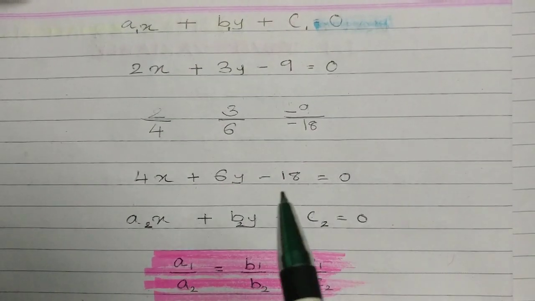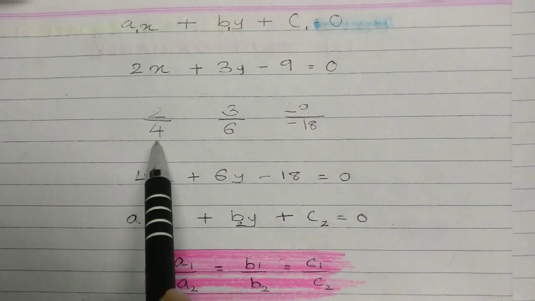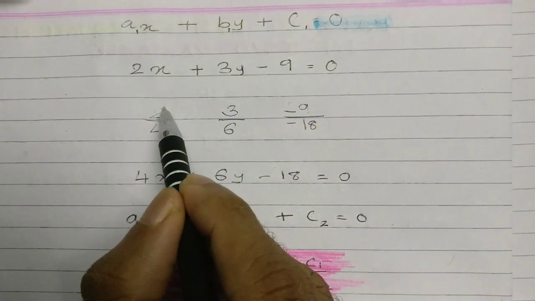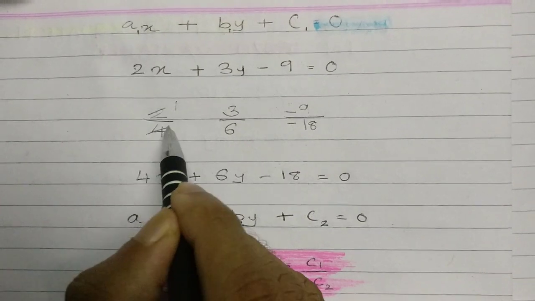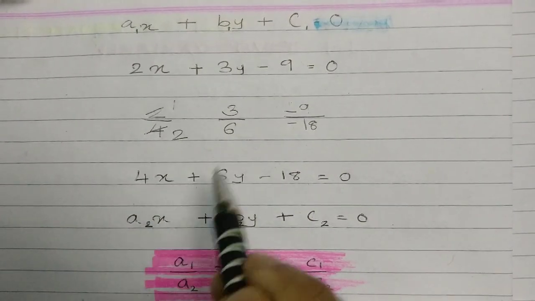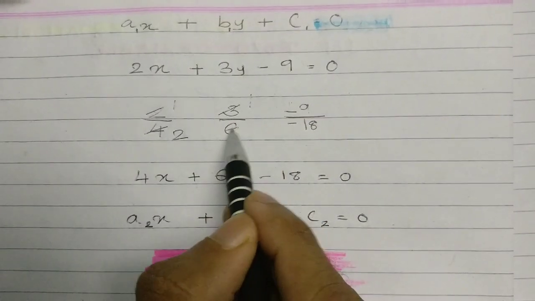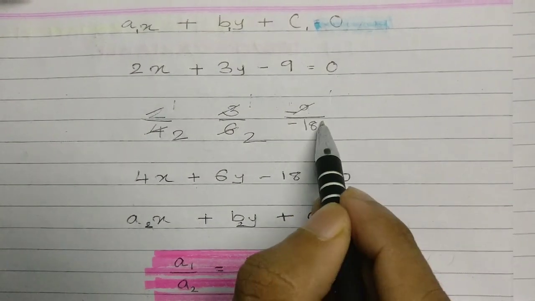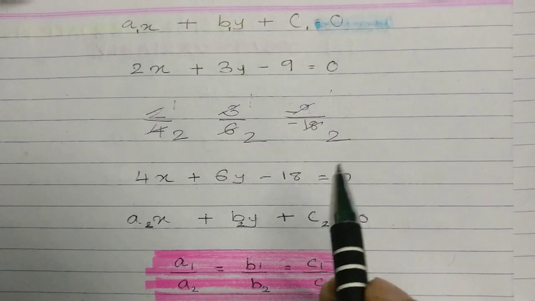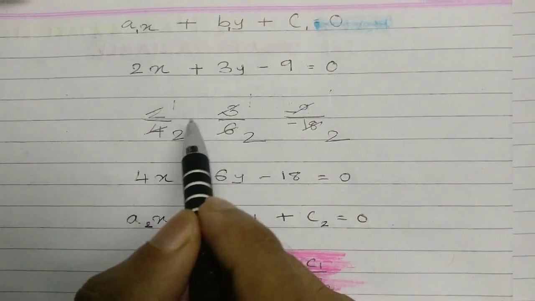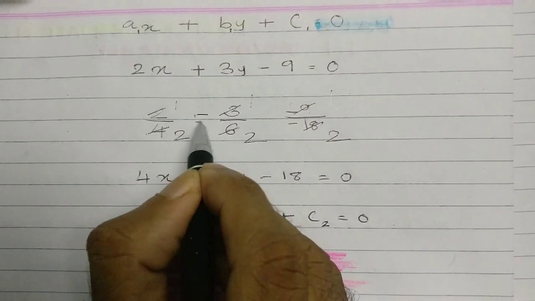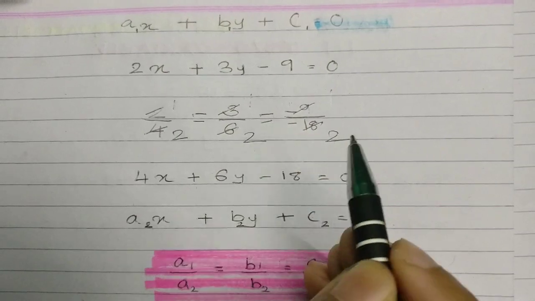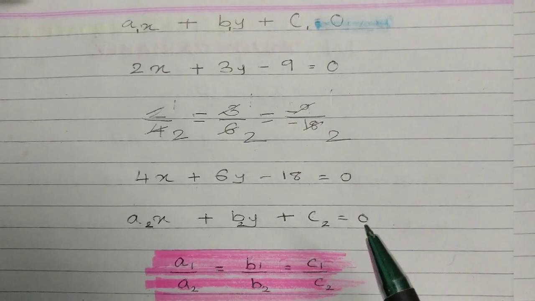Now, in case these ratios are equal, if I cancel, 2 1s are 2 and 2 2s are 4, 3 1s are 3, 3 2s are 6, and 9 1s are 9, 9 2s are 18. So here my ratio a1 upon a2 is equal to b1 upon b2 is equal to c1 upon c2.